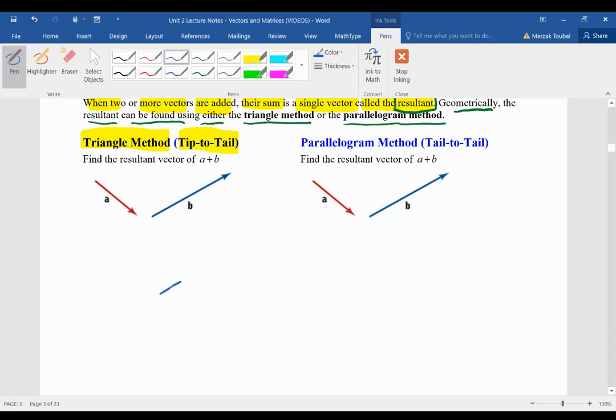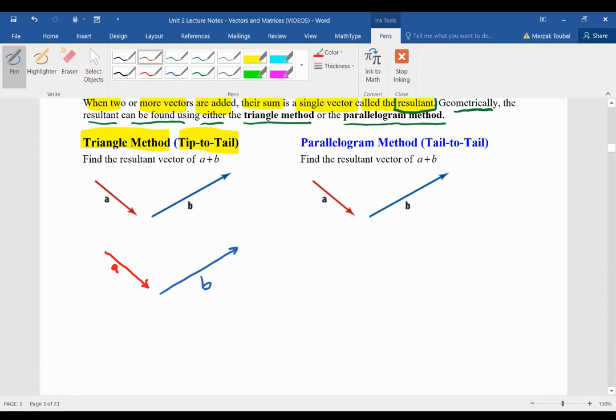So here's vector B, and here's vector A. I try to replicate this figure to the best of my ability. Okay, not bad. Okay, so vector A, vector B.